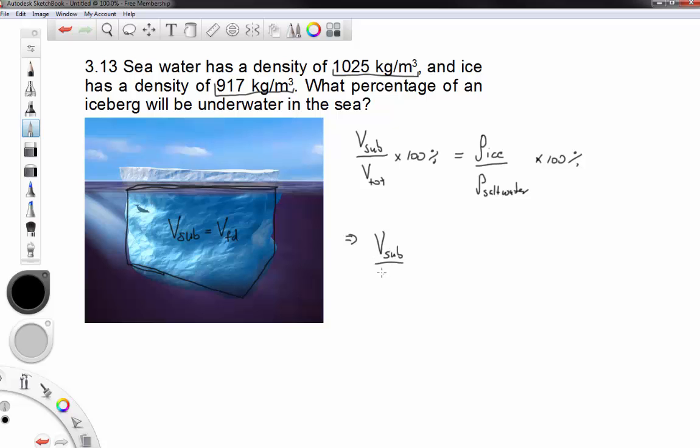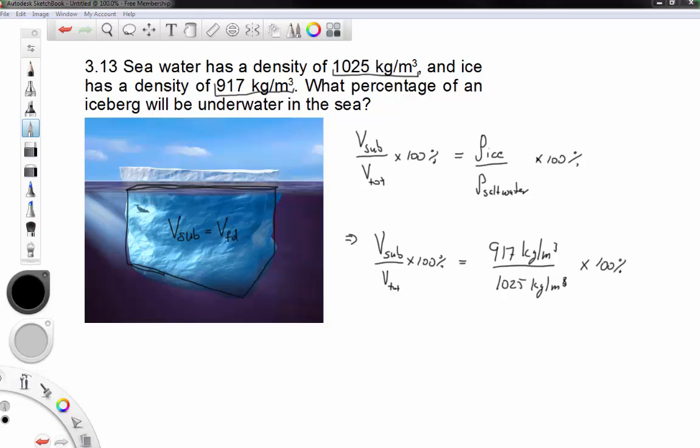So we basically write the ratio of the submerged to the total times 100% should be equal to 917 kilograms per meter cubed divided by 1025 kilograms per meter cubed. And that's times 100% if we want to get a percentage.